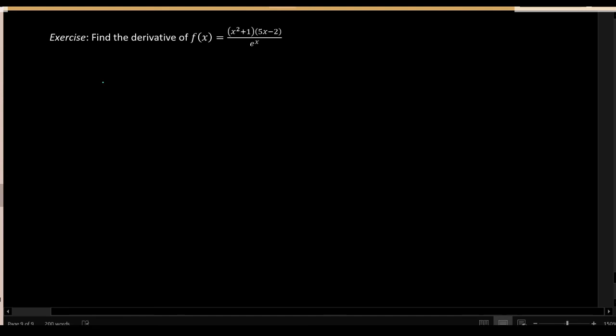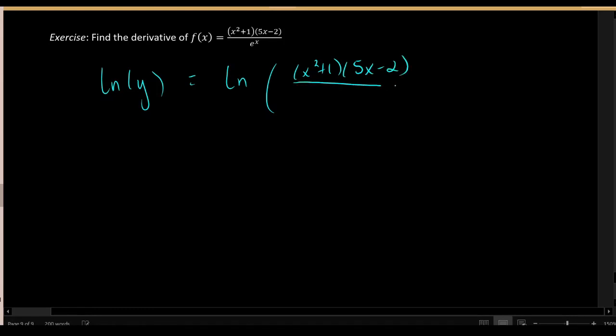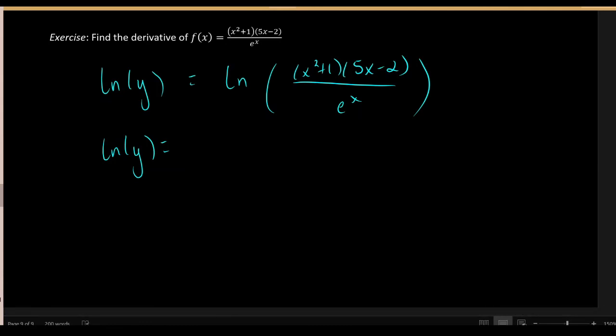The first thing that I'm going to do is apply natural log to both sides, using y as a stand-in for f of x. The properties of logs say that a product inside the log gets demoted to a sum outside the log, and a quotient inside the log gets demoted to a difference.